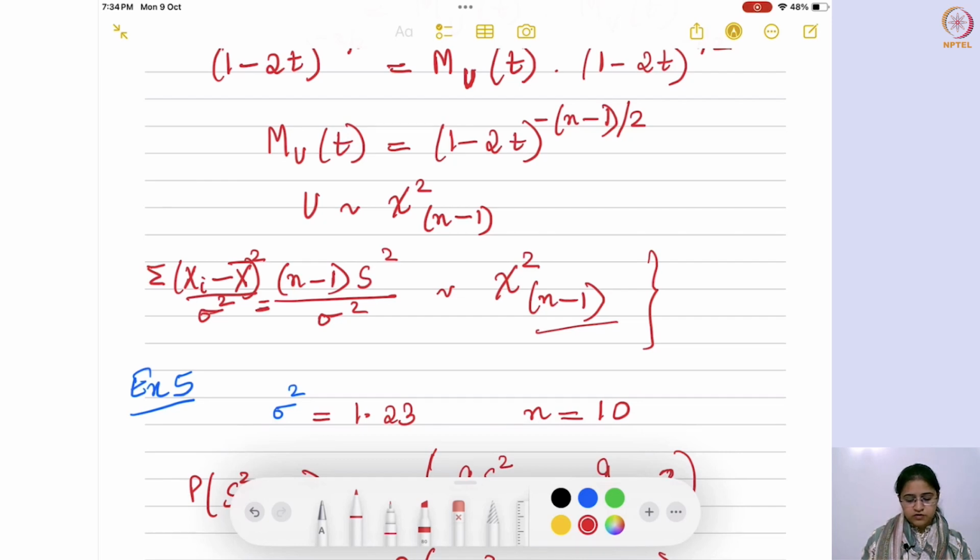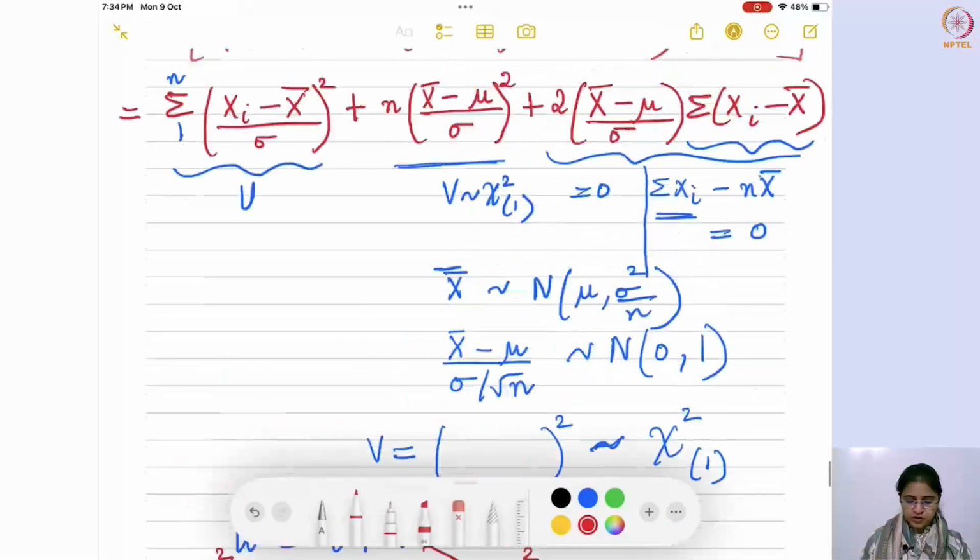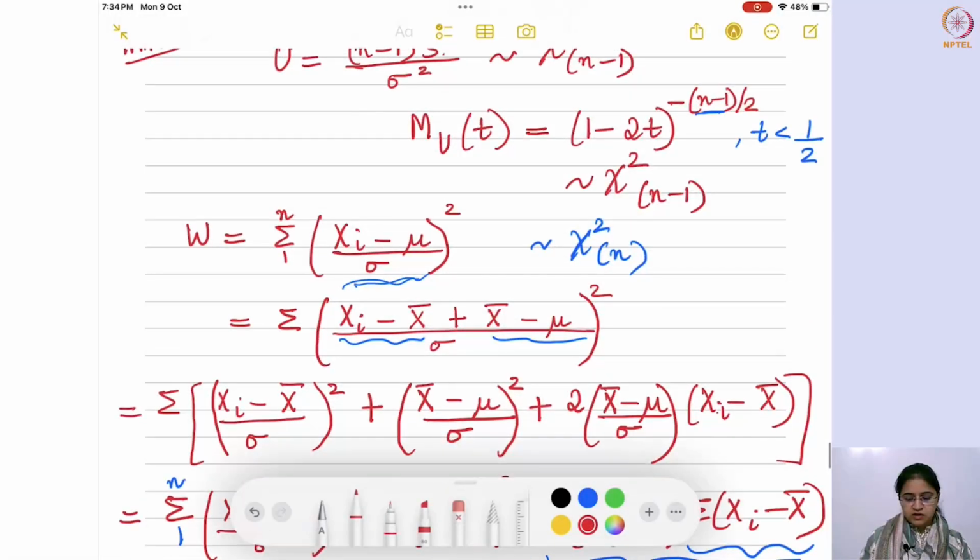However, when you have summation xi minus mu whole square by sigma square, the only difference is that instead of mu, you have sample mean over there. Here it is following chi-square with n degrees of freedom, and there it is following chi-square with n minus 1 degrees of freedom. So basically, when you are estimating mu by sample mean, 1 degree of freedom is lost in that case. Okay.